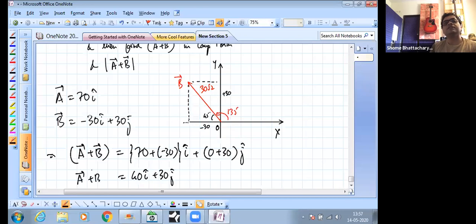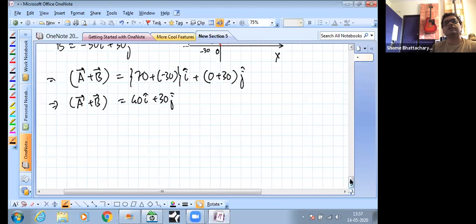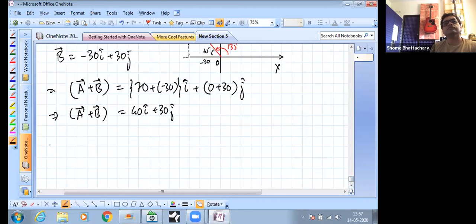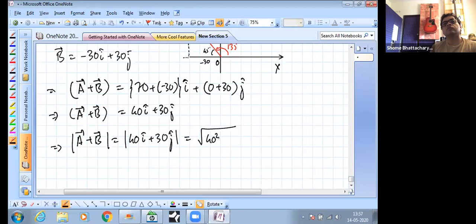So finally, to find the magnitude of the resultant, you have to just find the mod of 30 j cap plus 40 i cap, which you know is 50. It is the root of x square plus y square, which you know is 50. That's it, that becomes your answer.